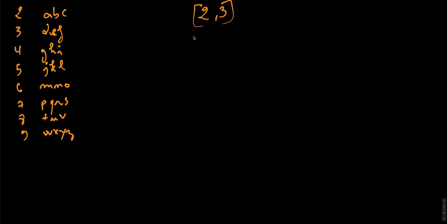So here we have our mapping between the integers and the strings. And let's take this example. Basically what we need to do is generate all the combinations.